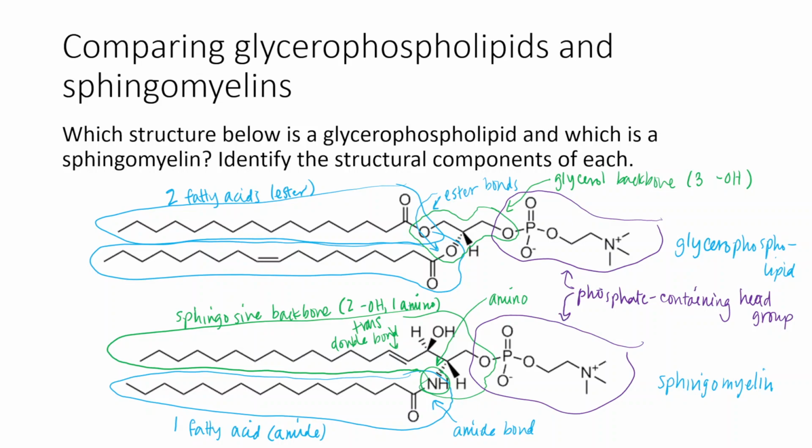And this one happens to be phosphocholine, which you do not have to remember the name for. There is something interesting about phosphocholine. It has one negative charge and one positive charge, giving the whole thing an overall neutral charge. What do we call that type of molecule? A zwitterion.